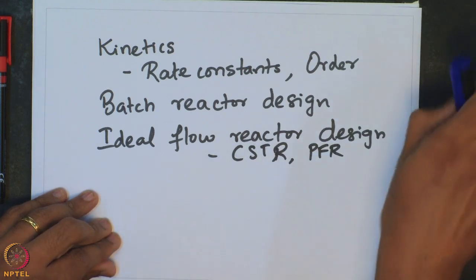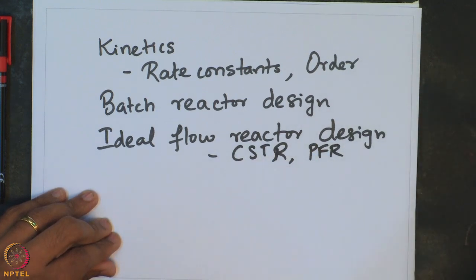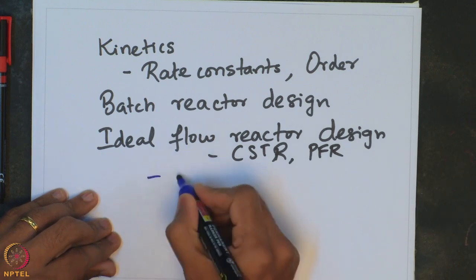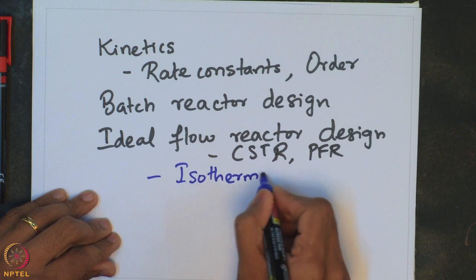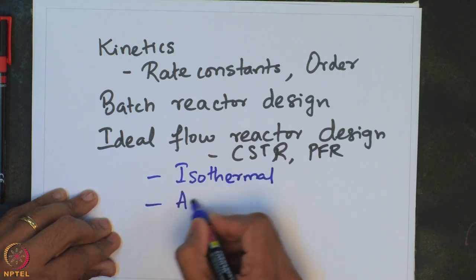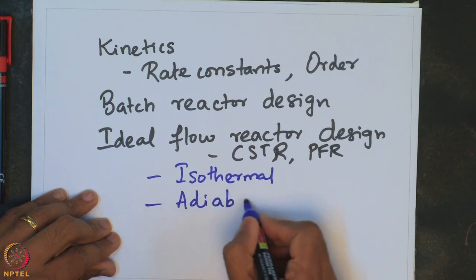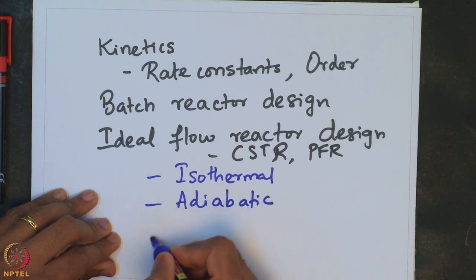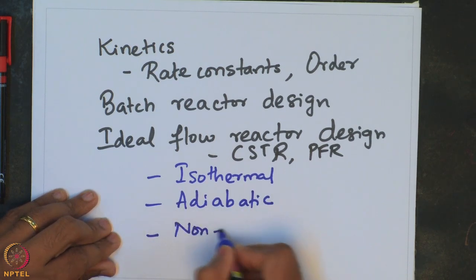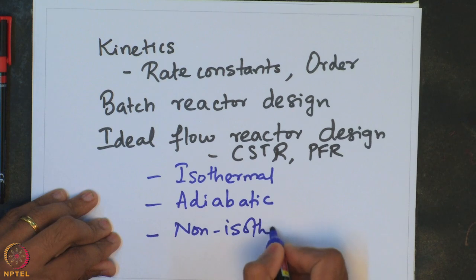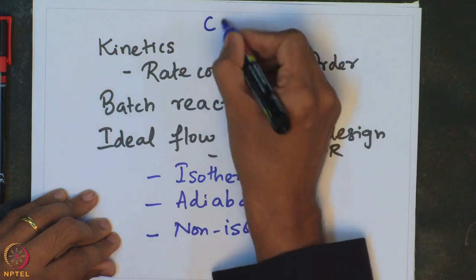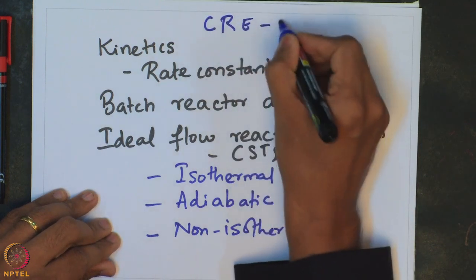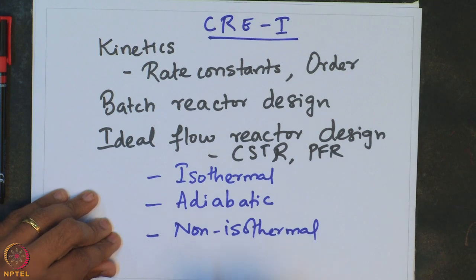In this, you would have specifically looked at isothermal cases, adiabatic condition, and non-isothermal condition. So, these are the essential aspects of a CRE or Chemical Reaction Engineering 1 course.